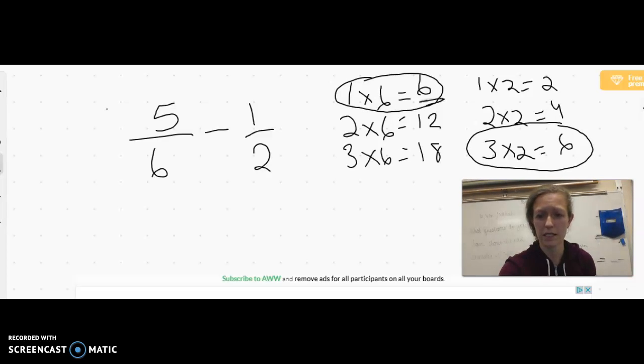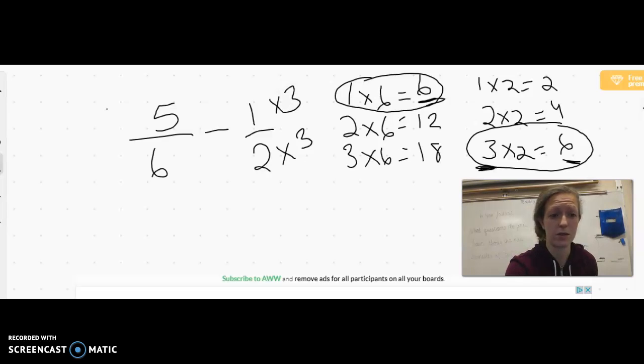So where the answer is the same, that's our common denominator. And the number you multiplied it by is like your car that's going to take you there. So I'm going to get to 6 town in my 3 car. So I'm going to multiply 2 times 3. Whatever I do to the bottom, I do to the top. Multiply that 1 times 3. I'm going to look at my new shiny fractions, which then I can subtract.